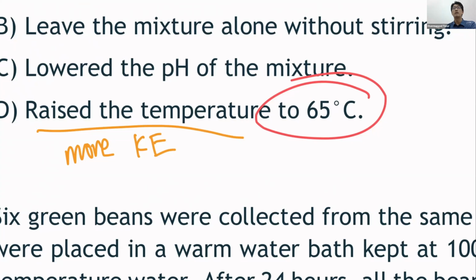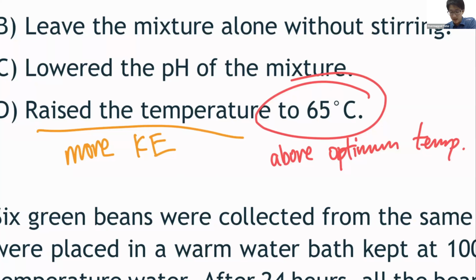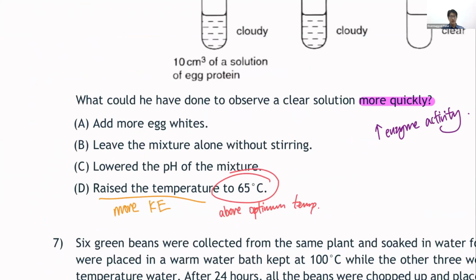65 is above optimum temperature. Yes, Brenda, you're right. Okay, so 65 is above optimum temperature, so therefore D is the incorrect answer. Yes, Jenny. Right. Okay, so ABC, we're left with that.